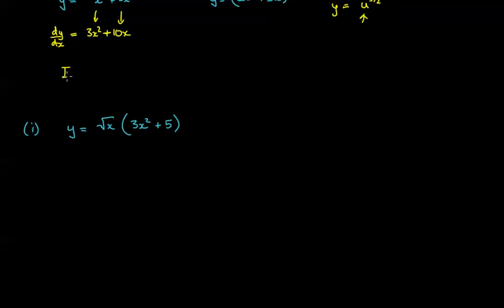So if y equals two functions being multiplied together, u times v, then dy by dx equals, and this is the product rule, u times dv by dx plus v times du by dx.